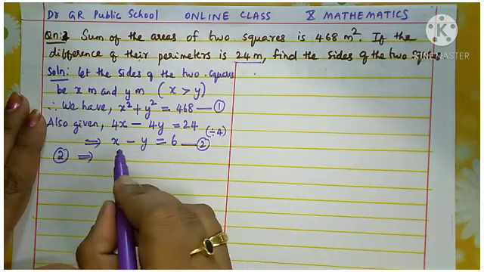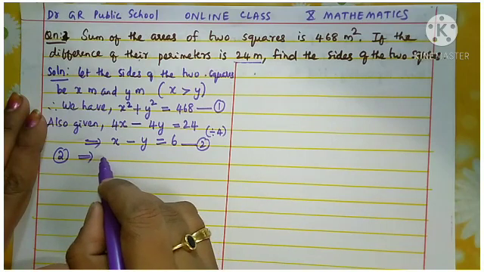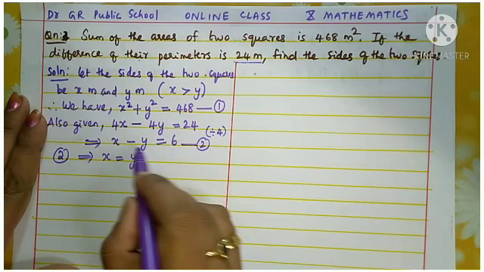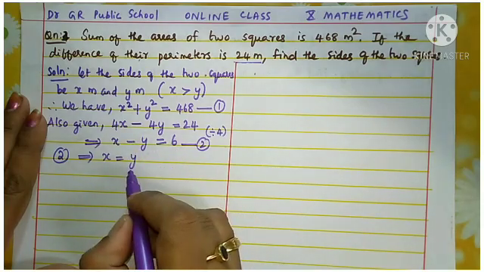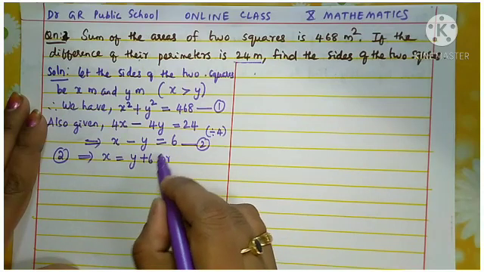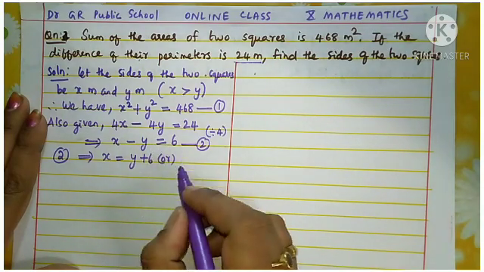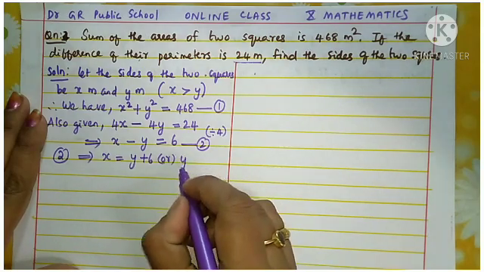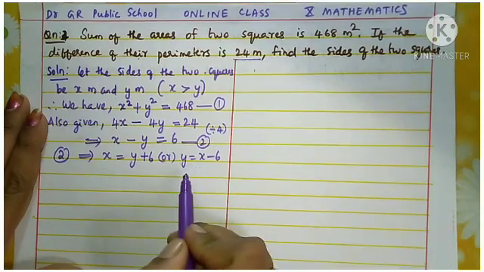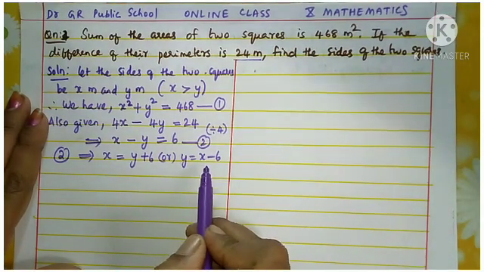So x minus y equal to 6 means you get minus y equal to 6 minus x. If you take it here, it becomes x equal to y plus 6. Or see, if you are finding the value of y, then y equal to x minus 6. So anyways you can find out. Either you can find the value of x or you can find the value of y.